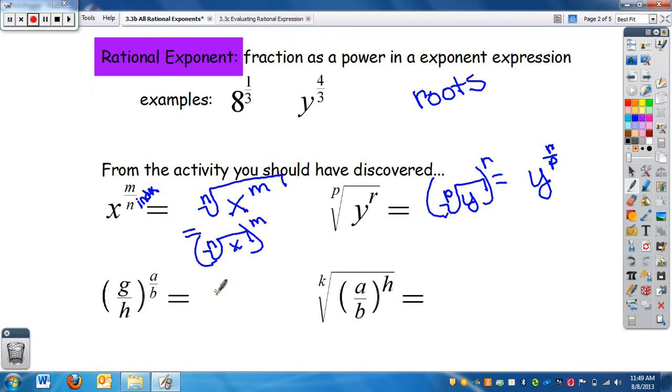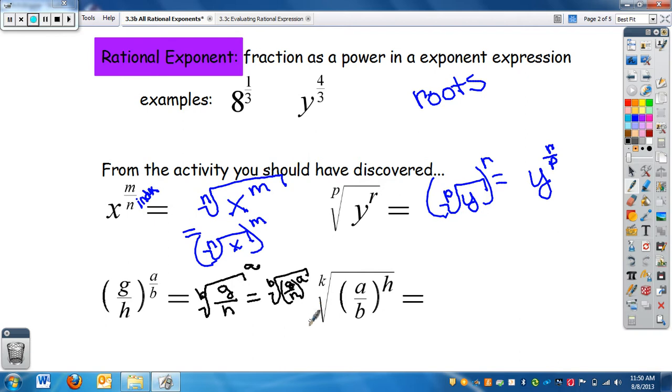So if I have g to the h under the radical, b would be my radicand, and I can take it to the a power, or I can write it as the b root of g to the h, and the a can be on the inside. And you can split it.